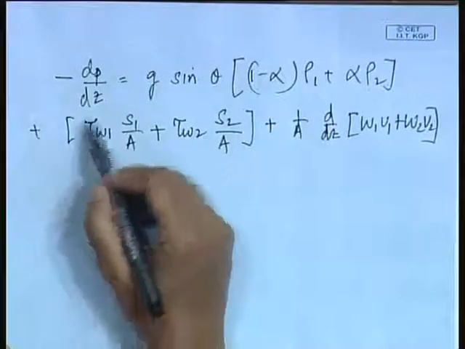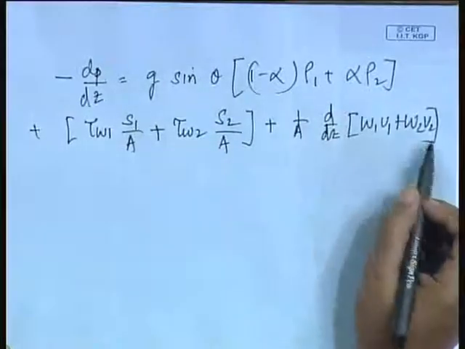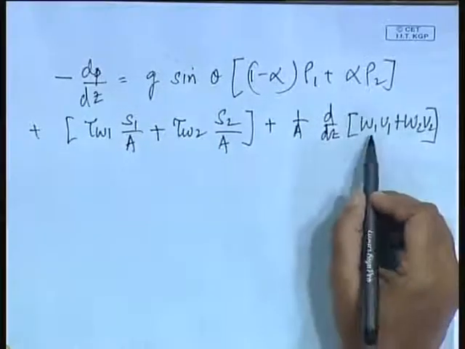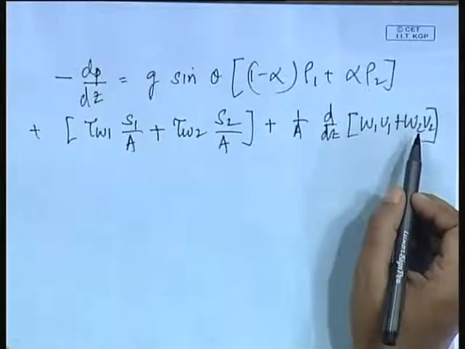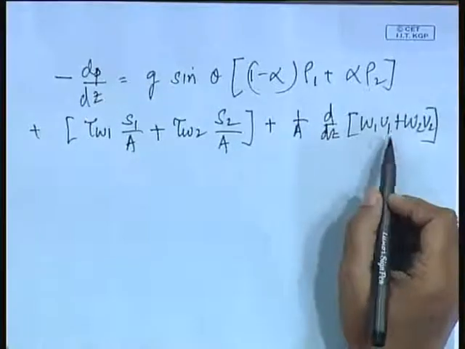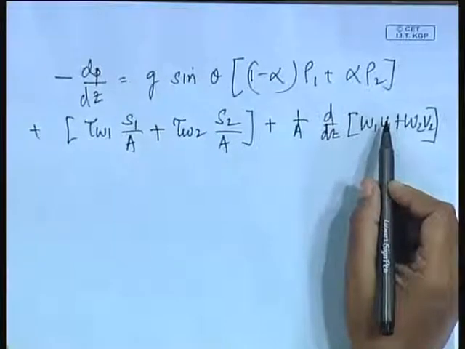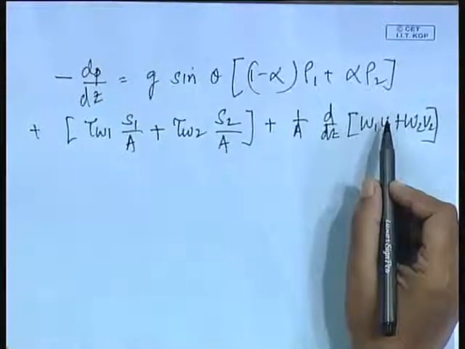Other than that, for the frictional pressure gradient, of course, we have to discuss methods. And here we find W 1, W 2 are known, but U 1, U 2 are not known. Again, they are the in situ velocities of phase 1 and 2, and they vary because these in situ velocities are functions of specific volume, pressure gradient, and so on and so forth.